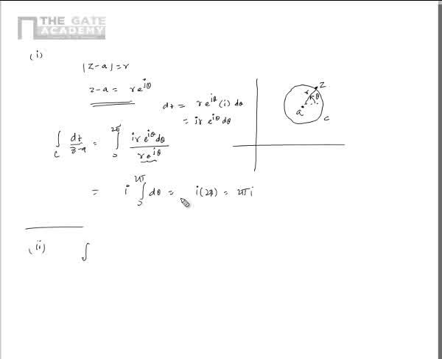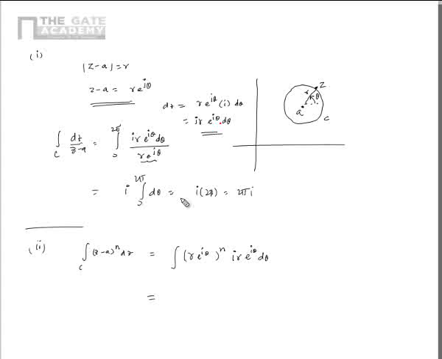Similarly, for z minus a whole power n dz along a curve, let's substitute z minus a as r e power I theta whole power n, and dz we have found as I r e power I theta d theta. Here we differentiate with respect to theta because r is not varying; r is constant.